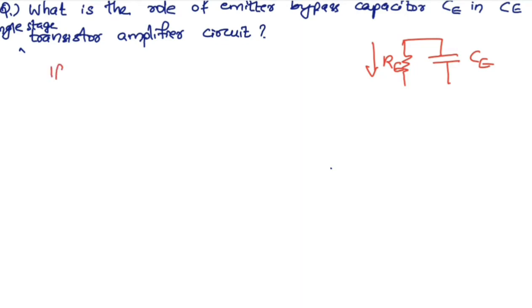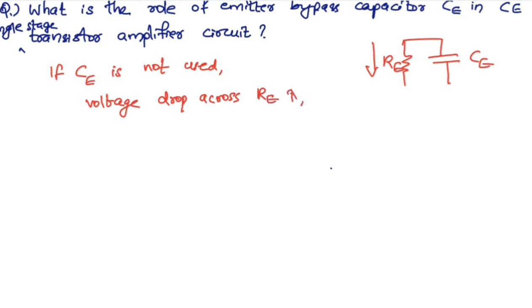So if CE is not used, the voltage drop across RE increases, and therefore the output voltage decreases, therefore the gain decreases. So it is important that we properly design the value of C so that it can filter out the AC signal.